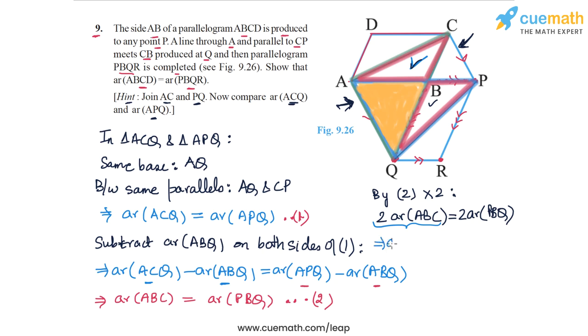So we will get area of ABCD, and on the right side we'll have 2 times area of PBQ. So PBQ is this triangle, twice the area of this triangle will be the area of parallelogram PBQR. So on the right side we'll get area of PBQR. So this means that the areas of the two parallelograms are equal. This is what we had to prove, and hence question 9 is done.